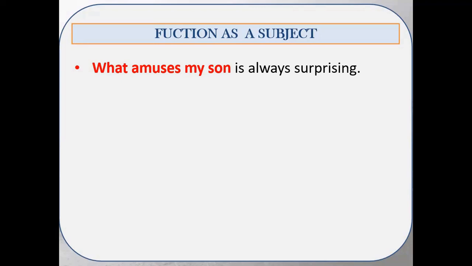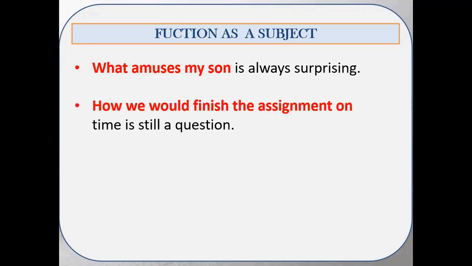Please keep in mind that whenever we talk about a clause, one thing is very essential, and that is a verb. How we would finish the assignment on time. How is basically a subordinating conjunction. How we would finish the assignment on time, this complete part is the subject and works as a noun clause.